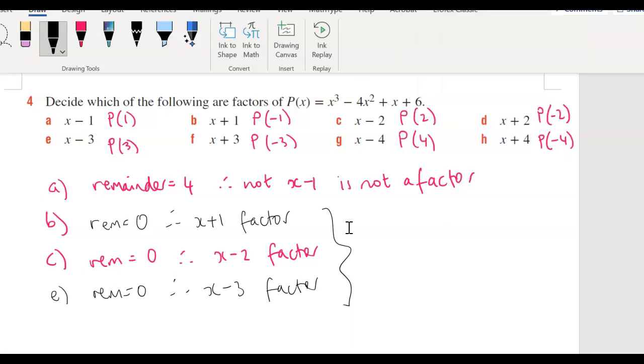So what you can do is find the factorized version of this polynomial. Your polynomial in expanded form is this, but in factorized form, it is x plus 1, x minus 2, and x minus 3.